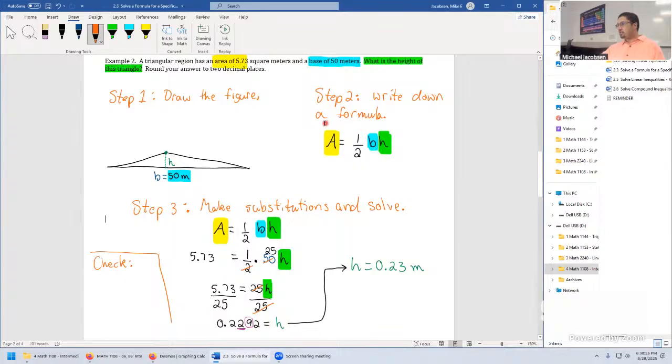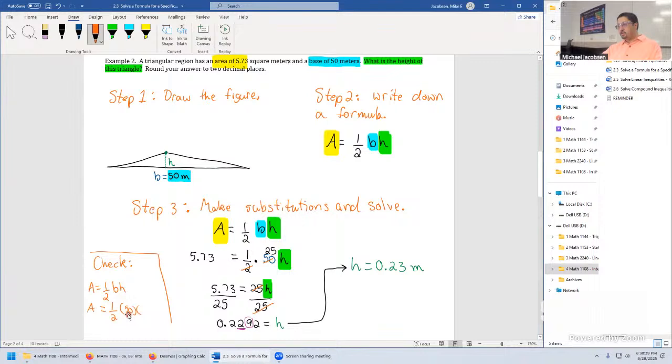My check is just going to be returning to the original formula right up here. Area is 1/2 base times height. Let's substitute in the information again. That means area is 1/2 times the base. I'm going to use parentheses now to indicate multiplication. 50 meters times the height.